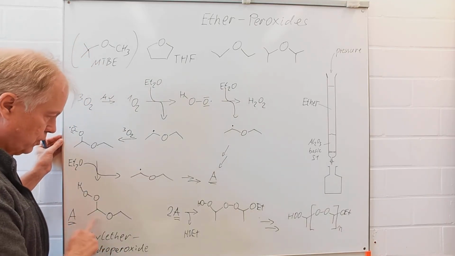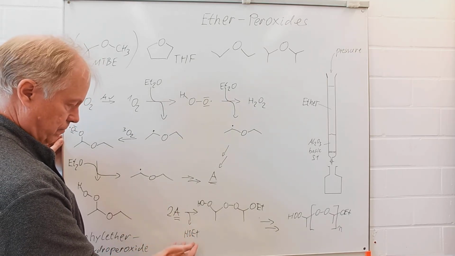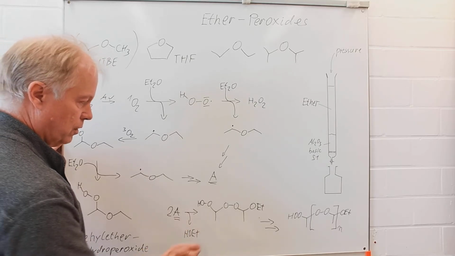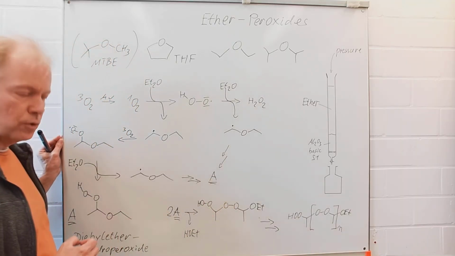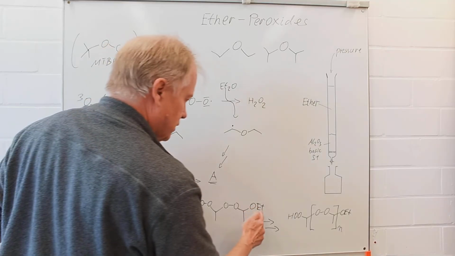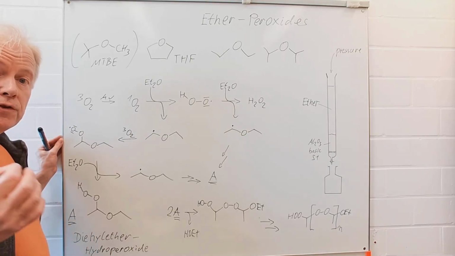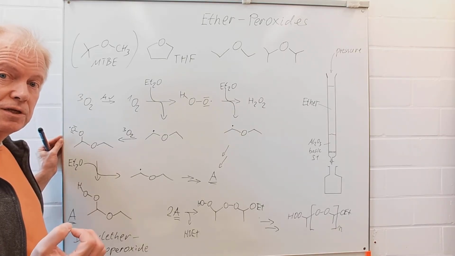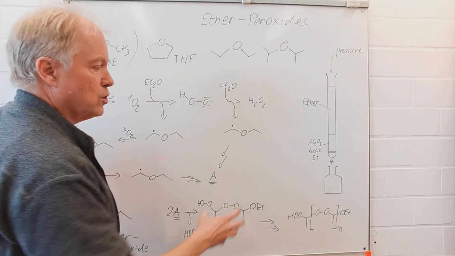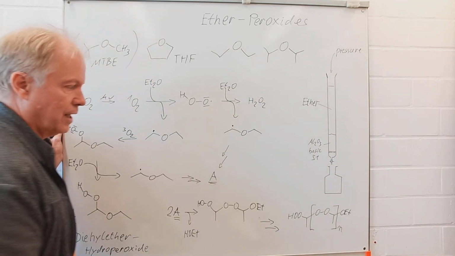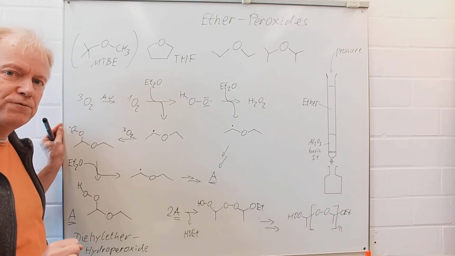For instance, two molecules of A can condense, forming ethanol and this molecule with already two peroxo units, and in the following it can form such polymers, which are then colorless solids which could remain after evaporating contaminated diethyl ether. And this solid is also highly explosive. You don't want to have that in there.